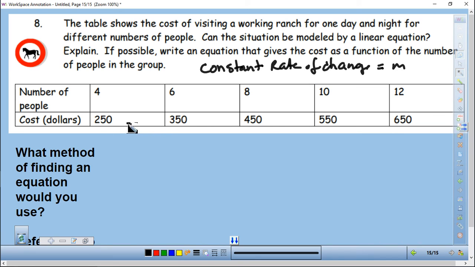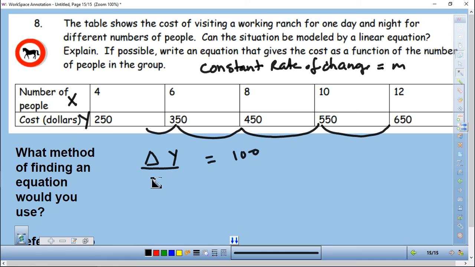Let's see how the y is changing. The number of people represents my x. The cost in dollars represents my y, because the cost depends on the number of people. So let's look at how y changes. Each time I'm increasing by 100. So my change in y is equal to 100. What is my change in x?